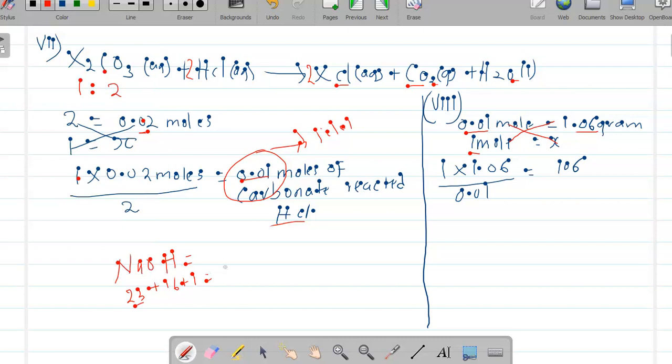When you add all of them, you will get 40. This 40 is the RFM, or molar mass. So the molar mass, or the relative formula mass, whatever you call it, the unit that it has is always gram per mole. Meaning that for any compound, when you sum up its molar mass, it's always equal to 1 mole. So whenever you're calculating RFM, it's always equal to 1 mole.